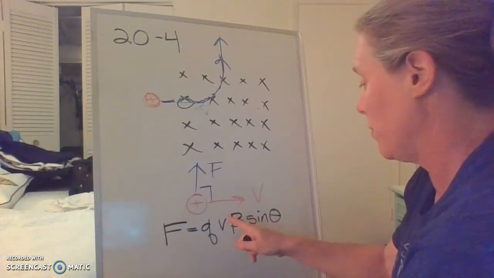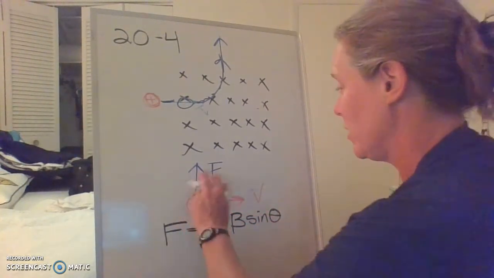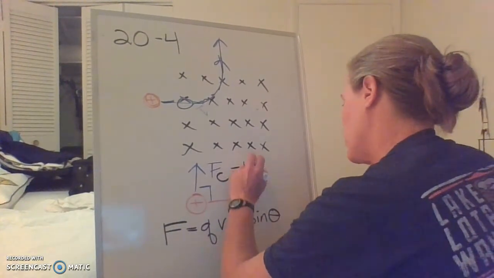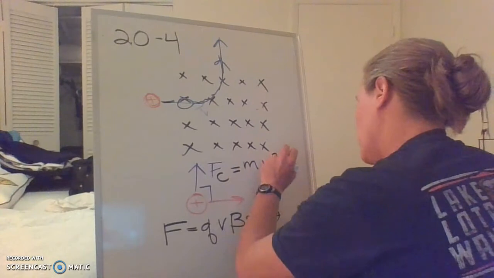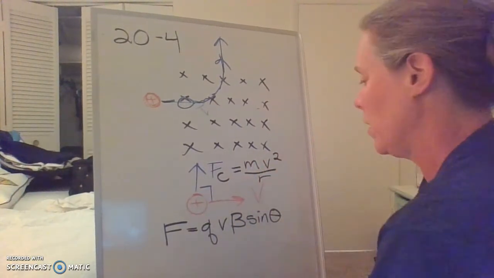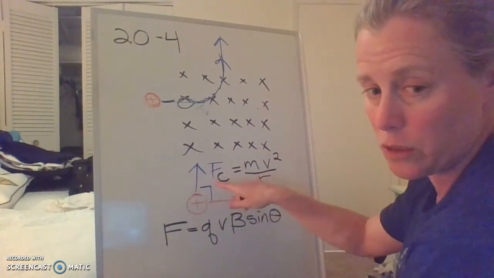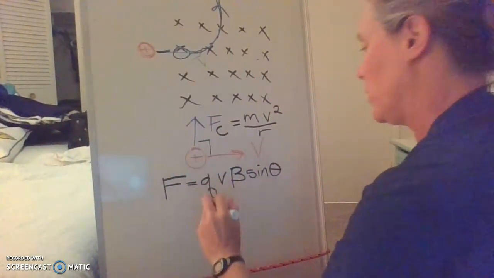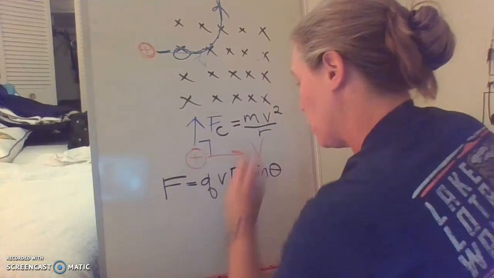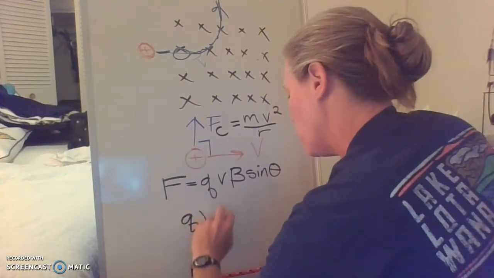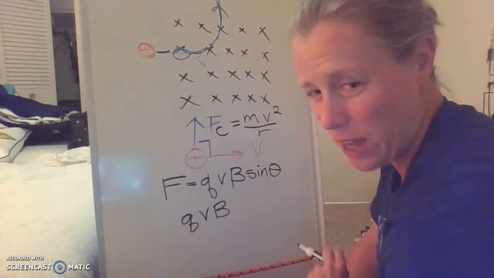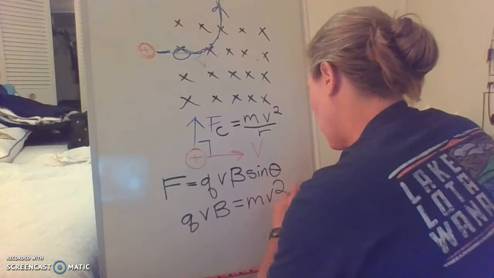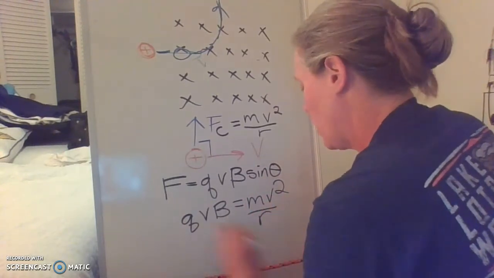So now, if this is the force, this is that centripetal force, and centripetal force is equal to the mass times v squared over r. So we can get these two equations together. My centripetal force, I've got qvB, and we'll just say it's max, so we don't have that sine theta, equals mv squared over r.